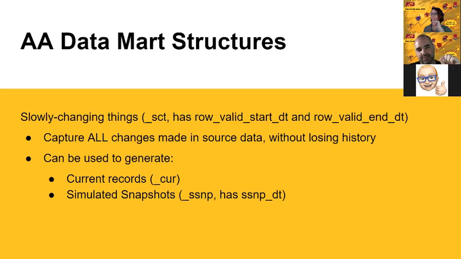So this data was valid from date A to date B. And what we can do with that structure, which is an efficient way to capture changes, unlike a snapshot, which uses a lot more space, is you can identify what's the current value, right? Similar to what you'd get from operations, but all that cleaning logic is then persisted.